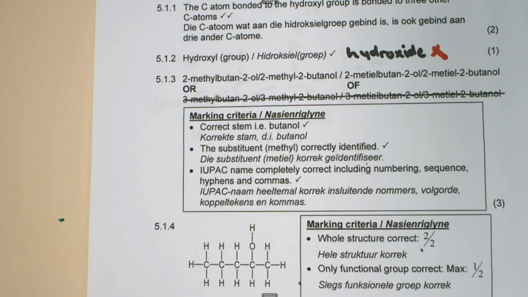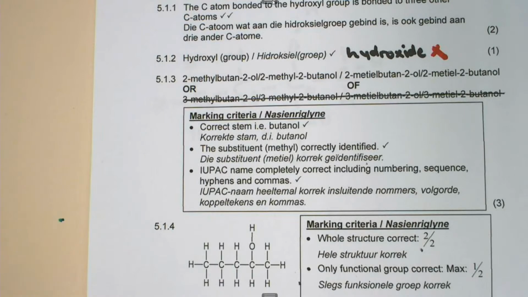If there's an additional hyphen, you penalize. If there's a missing hyphen, you penalize. That's how we marked last year. Also, the additional hyphens, we penalized. And then if the learner doesn't use a comma in between, or in this case, there's no comma anyway, so there won't be a problem. But any mistake, the learner will lose the 3rd mark.